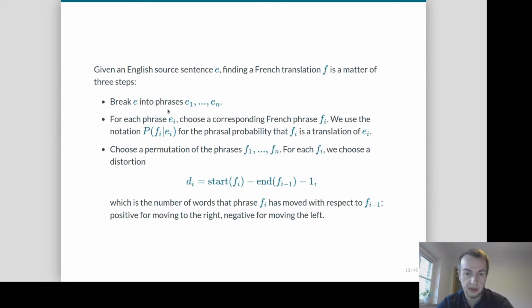And so to do that, we introduce a new variable di, which will correspond to the number of words that some phrase fi has moved with respect to fi minus 1, right? And so we'll be able to use this variable to know where we should put the phrases that we've translated to reassemble the full sentence. Right?